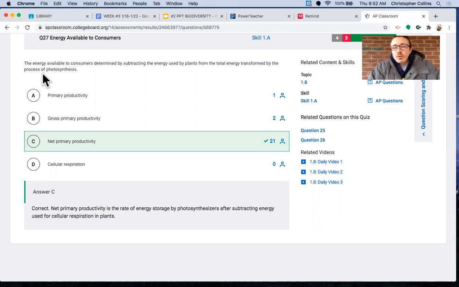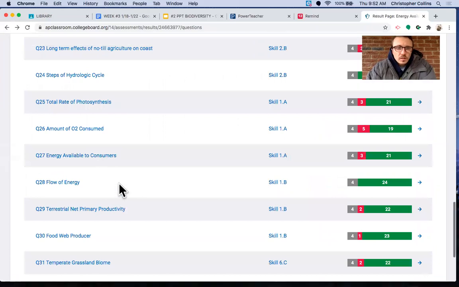And so we need to take gross primary productivity and we need to subtract cellular respiration, right? How much energy was broken down by that plant for growing, protein synthesis, et cetera. And what's left over, what is actually stored, right, that's available to the consumers would be the net primary productivity. So GPP minus R, respiration, equals NPP, or net primary productivity. Let's see if there was any other ones.